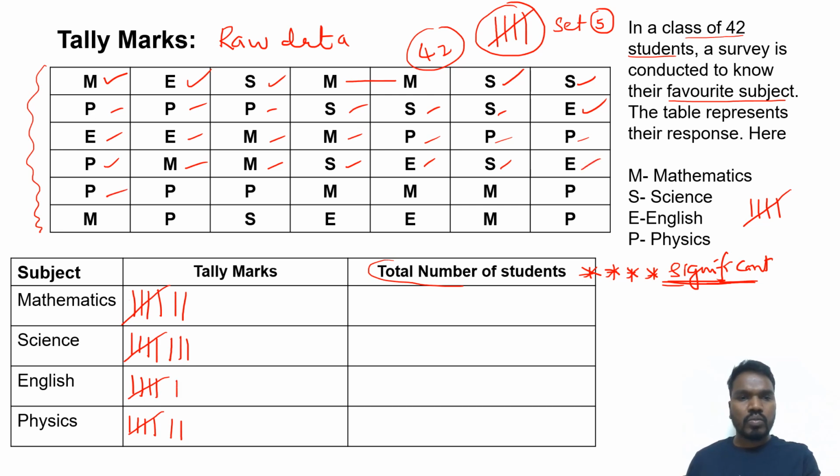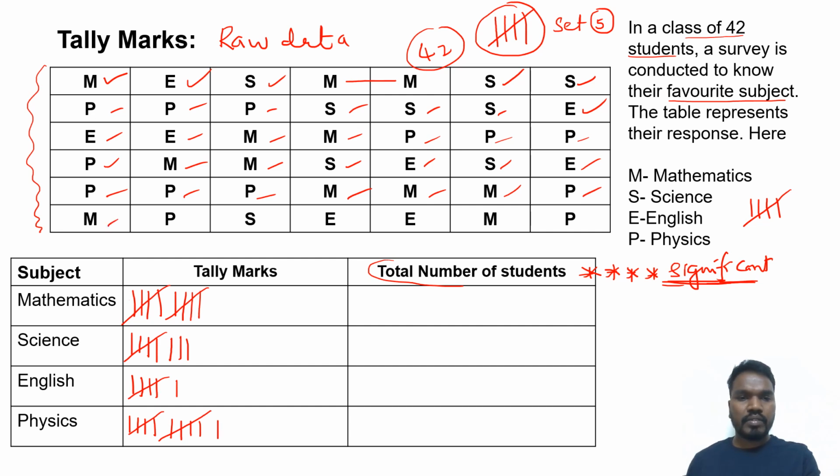So one, two, three. Three physics. One, two, three. Right. So M. Three maths. One, two, three. P again, another new set.